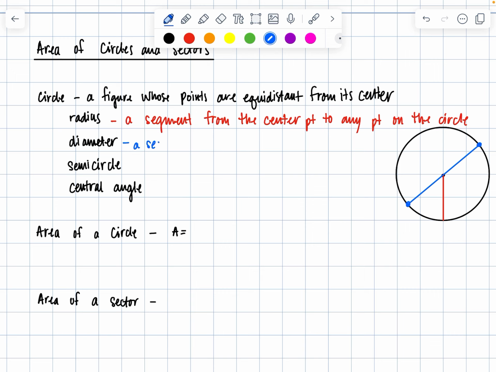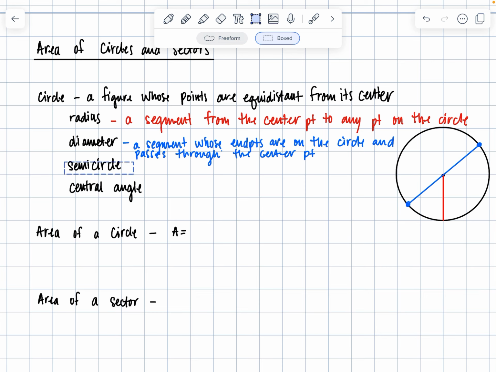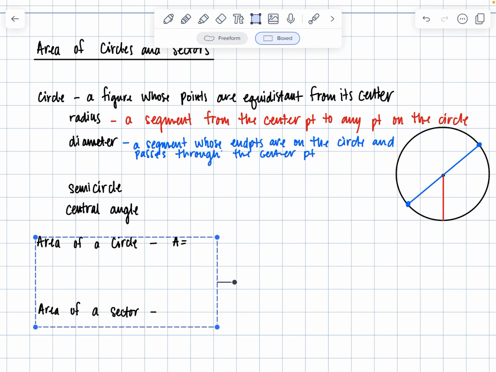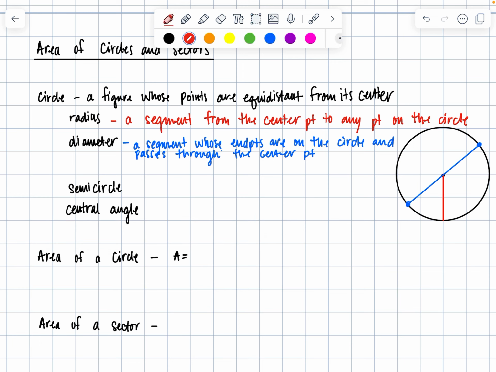It is a segment whose endpoints are on the circle and passes through the center point. Semicircle is literally just a half circle.